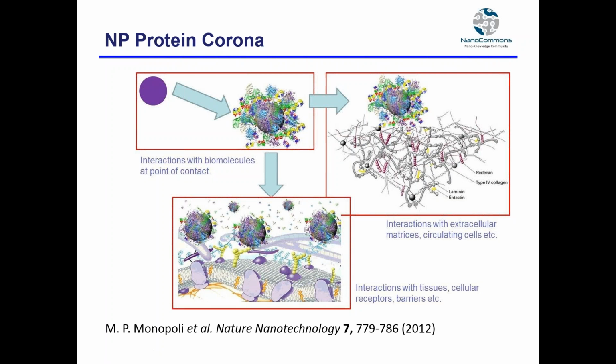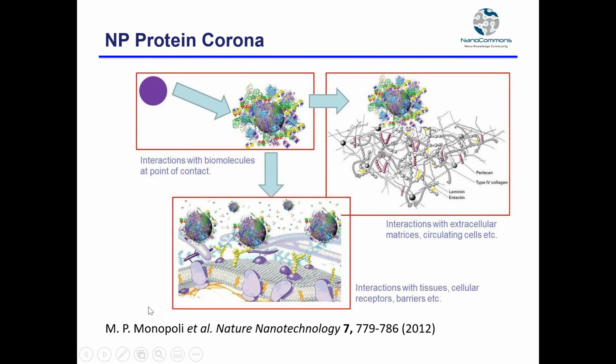So therefore, we thought that we need to quantify these interactions and deliver material-dependent properties so that we could tell the difference between different materials and explain why one material is different from the other in terms of cell uptake and subsequent activity.